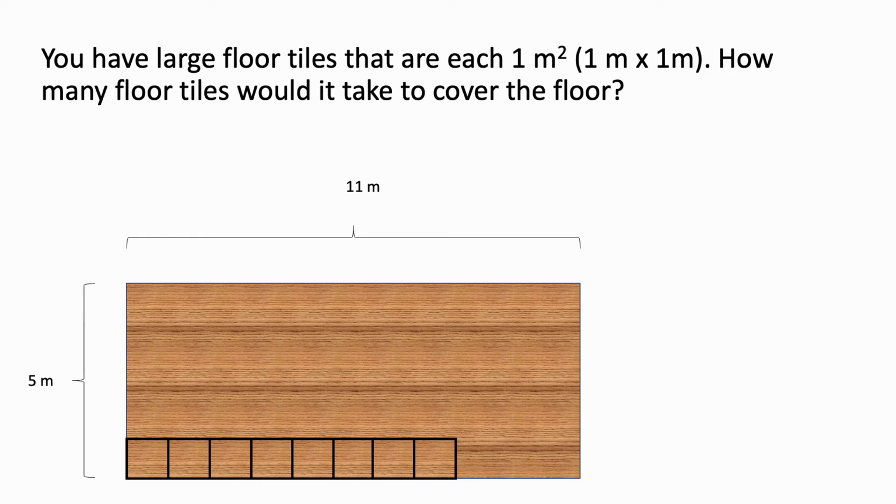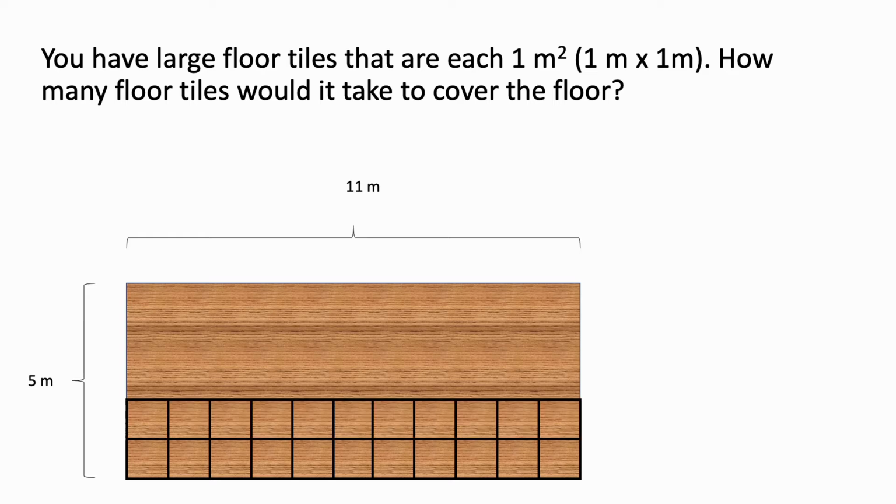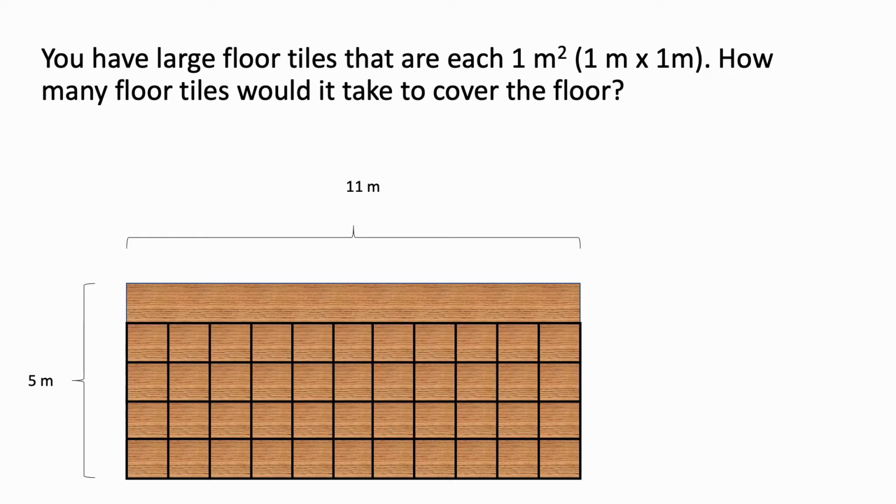Well, that's just one row. How many do you have to put down in order to cover the entire floor? Well, you're going to need more than one row, right? How many rows will you need? You'll need 1, 2, 3, 4, 5 rows. Does this make sense?